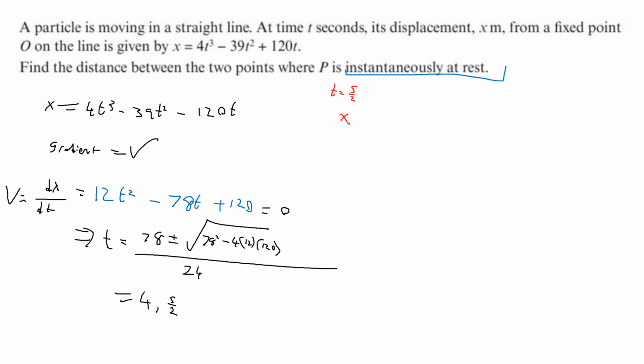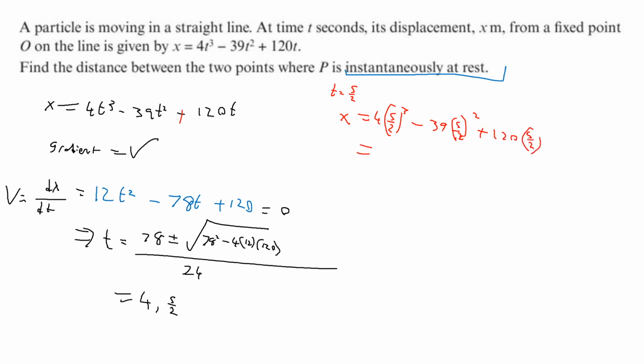5 over 2. x in this case would be 4 times 5 over 2 cubed, minus 39 times 5 over 2 squared. This is plus, sorry. Minus, plus 120 times 5 over 2.